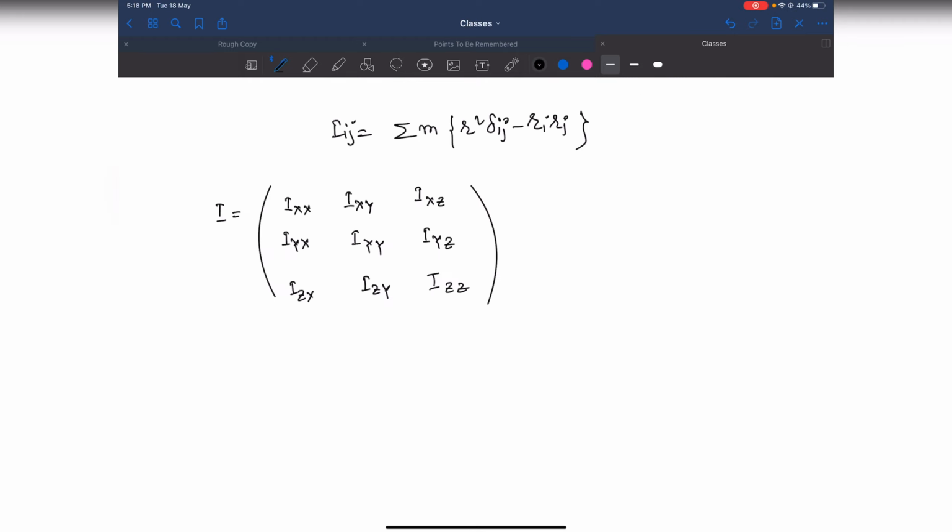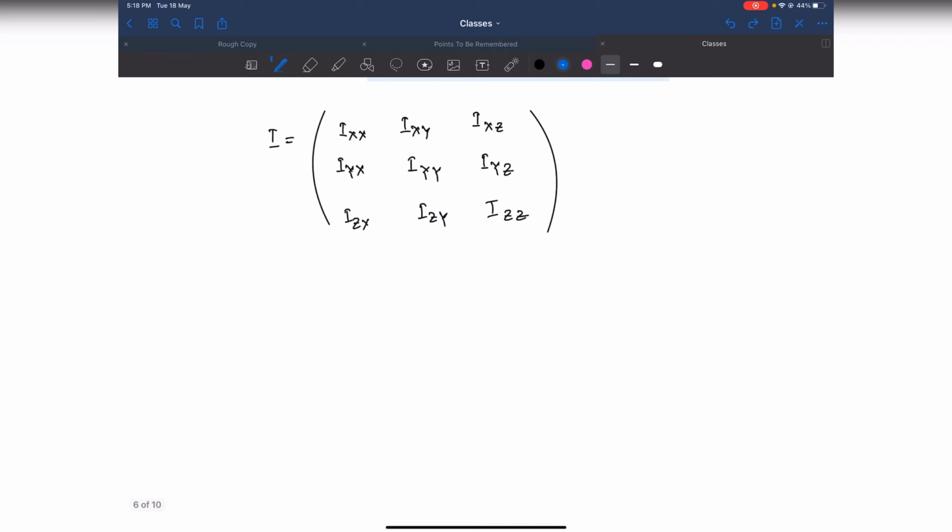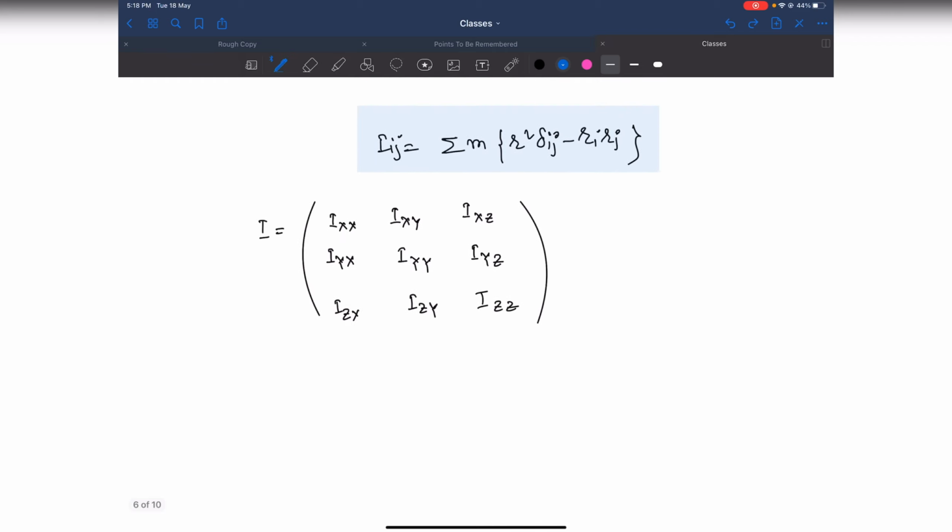Now we'll find the diagonal elements first, then the off-diagonal elements. We have the formula for moment of inertia, so we will use it to find the elements.